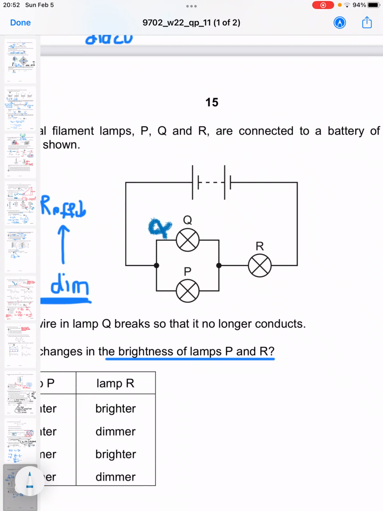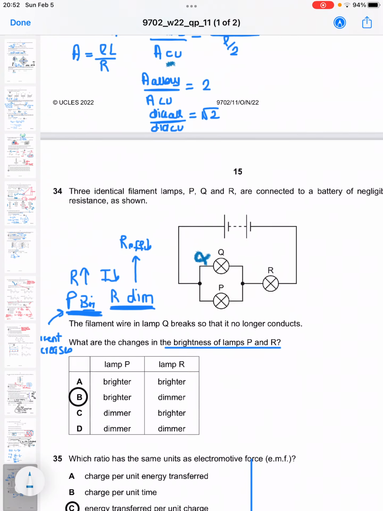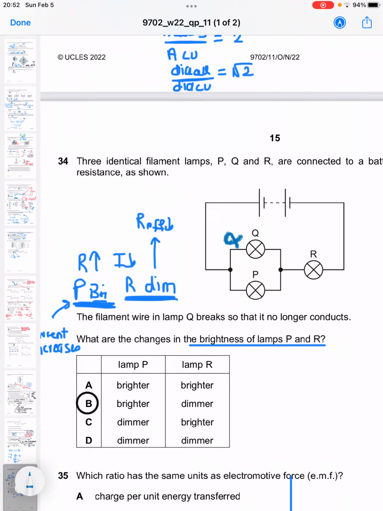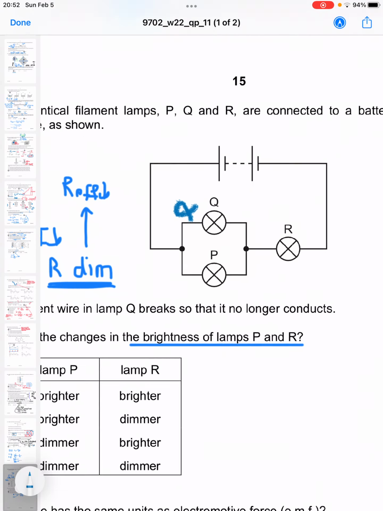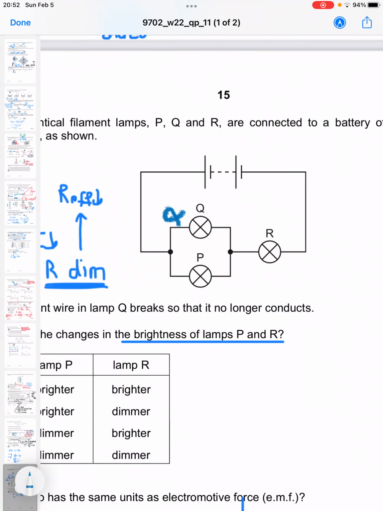So the effective resistance would increase. When the effective resistance increases, the current from the battery would decrease. So when the current from the battery decreases, R would become dimmer.